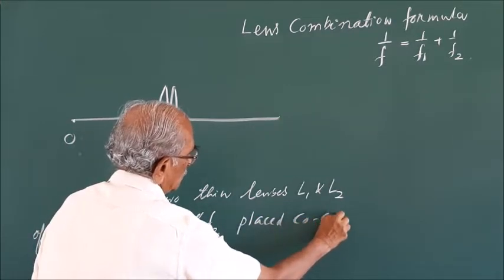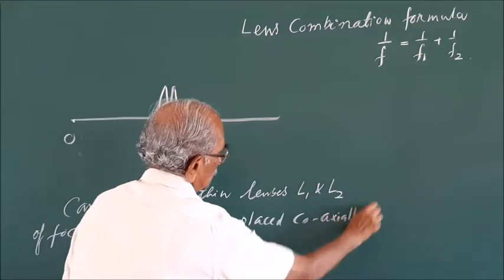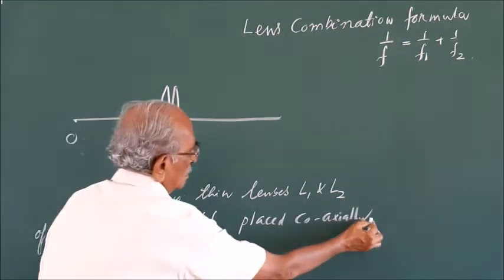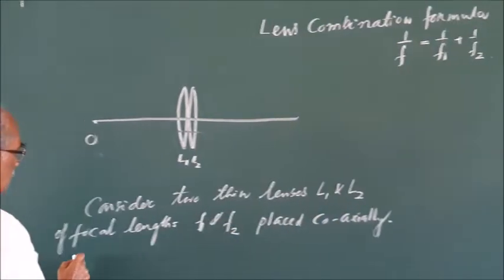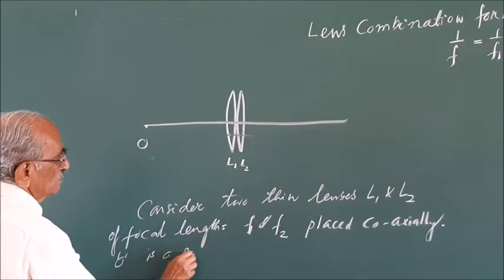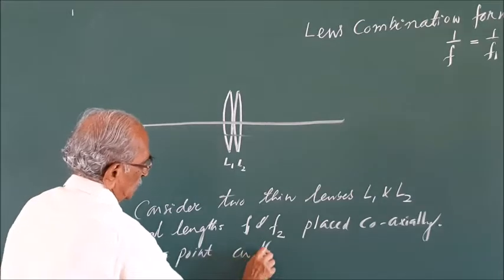That means the axis of L1 coincides with the axis of L2. O is a point object on their common axis.